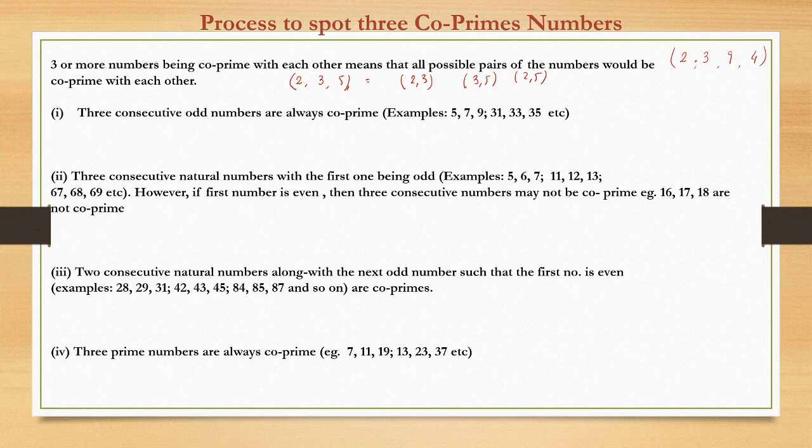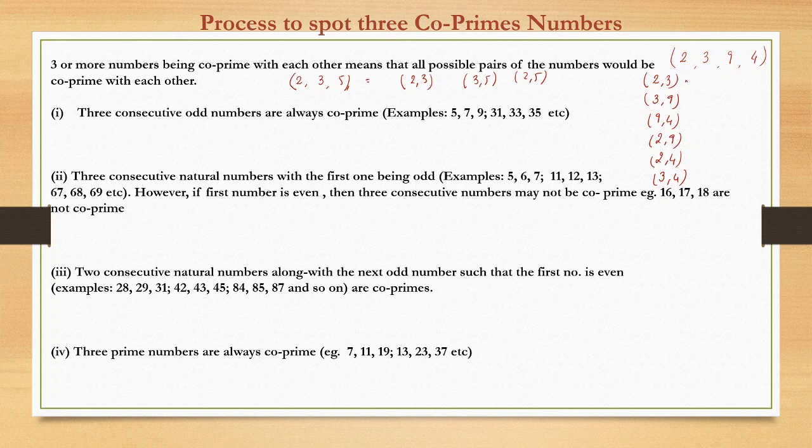We will individually check every pair. So what are the pairs? Pairs are 2 comma 3, 3 comma 9, 9 comma 4, then 2 comma 9, 2 comma 4, then 3 comma 4, right? So 6 pairs, 4C2 is 6 pairs, should be there.